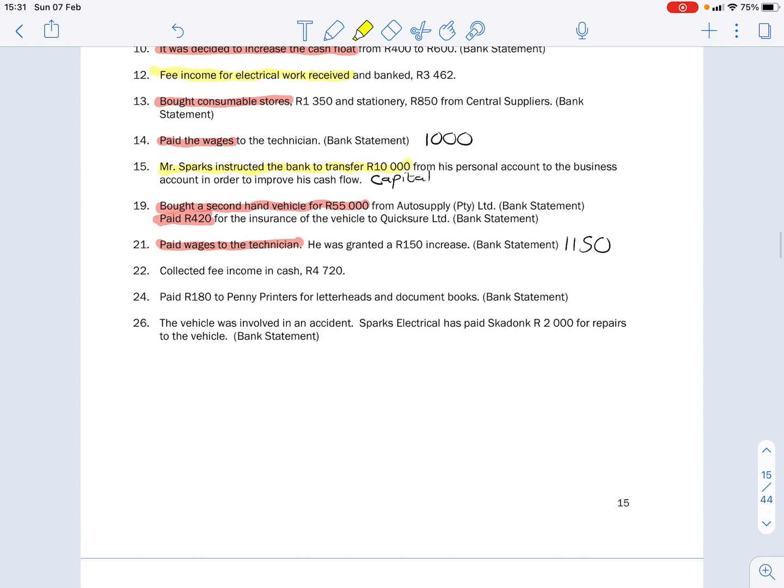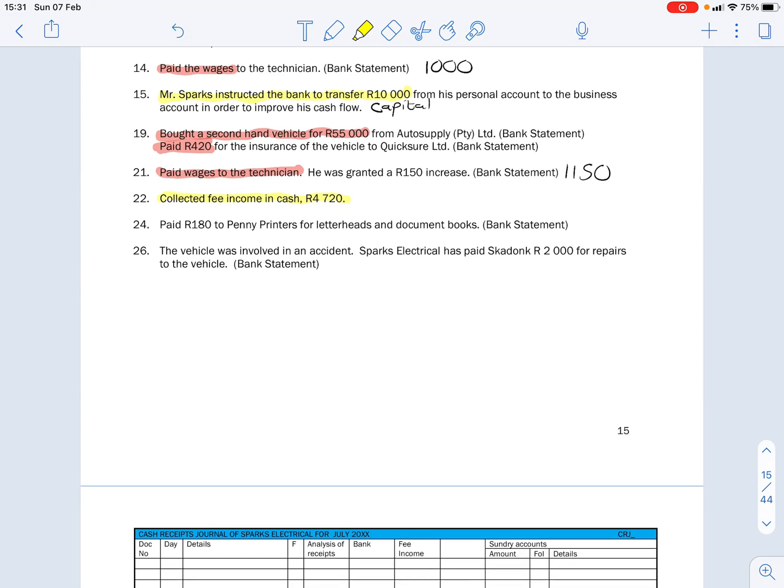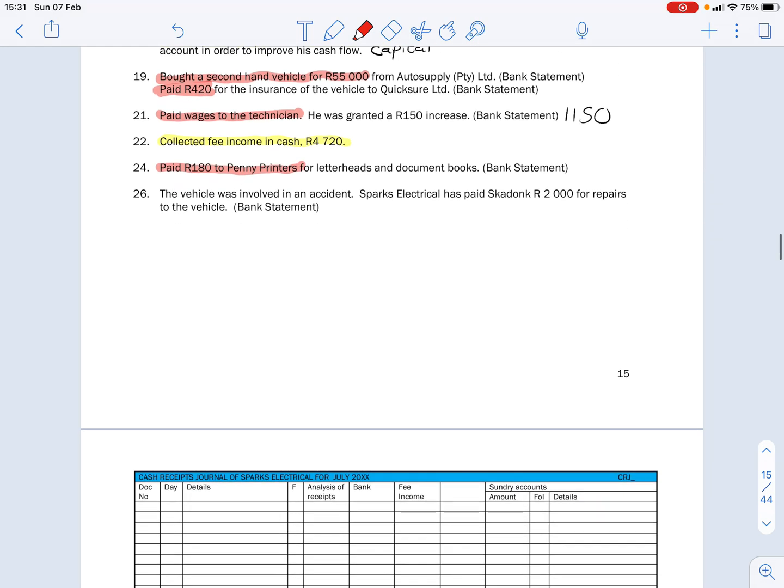On the 22nd, we collect fee income in cash. We are receiving money, so CRJ. On the 24th, we pay Penny Printers, CPJ. And finally, on the 26th, the vehicle was involved in an accident, and Sparks Electrical has paid Skadonk 2,000 Rand for repairs to the vehicle.